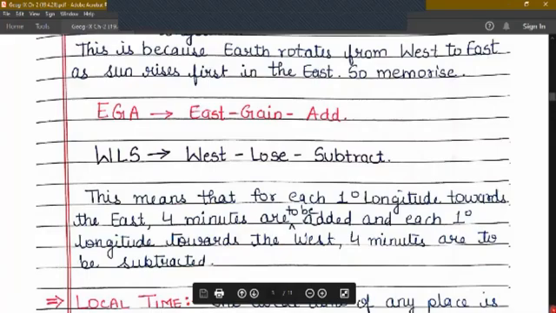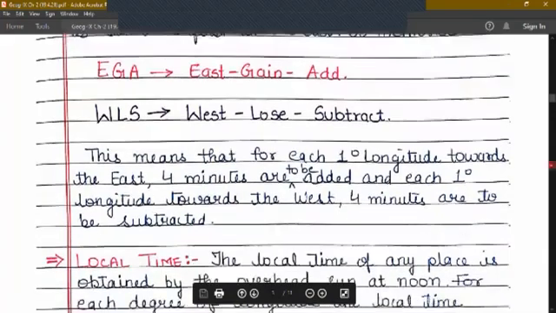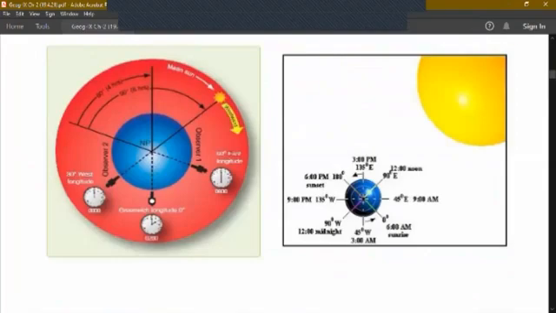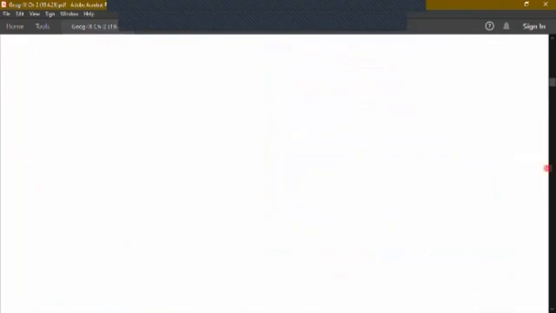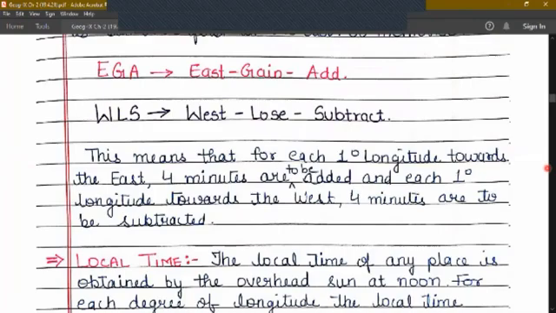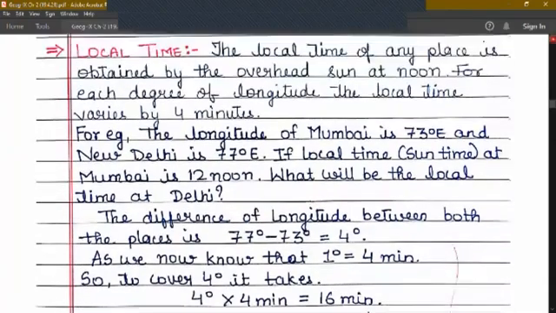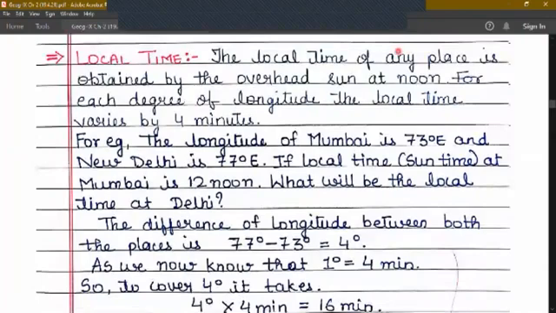So let us continue and discuss our next topic, that is local time. So students, the local time of any place is obtained by the overhead sun at noon.